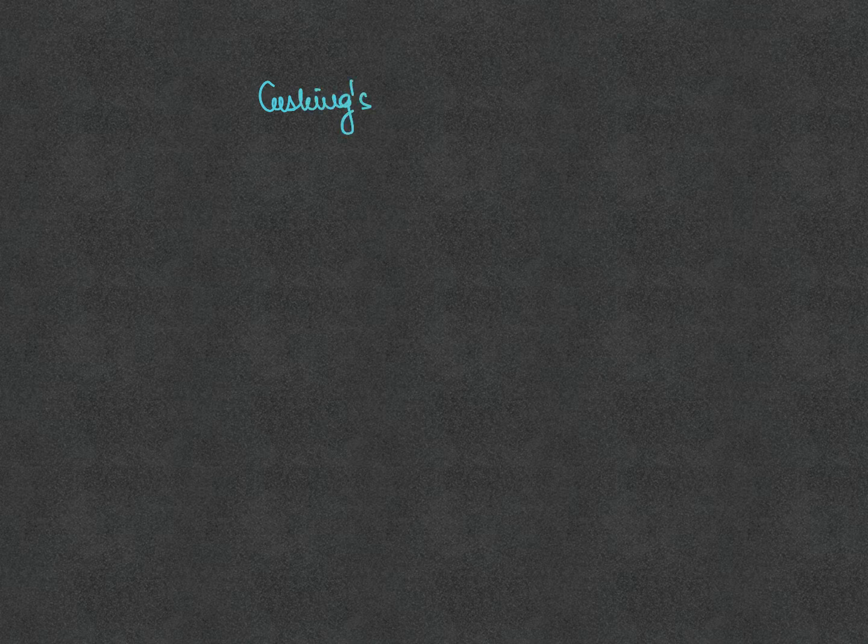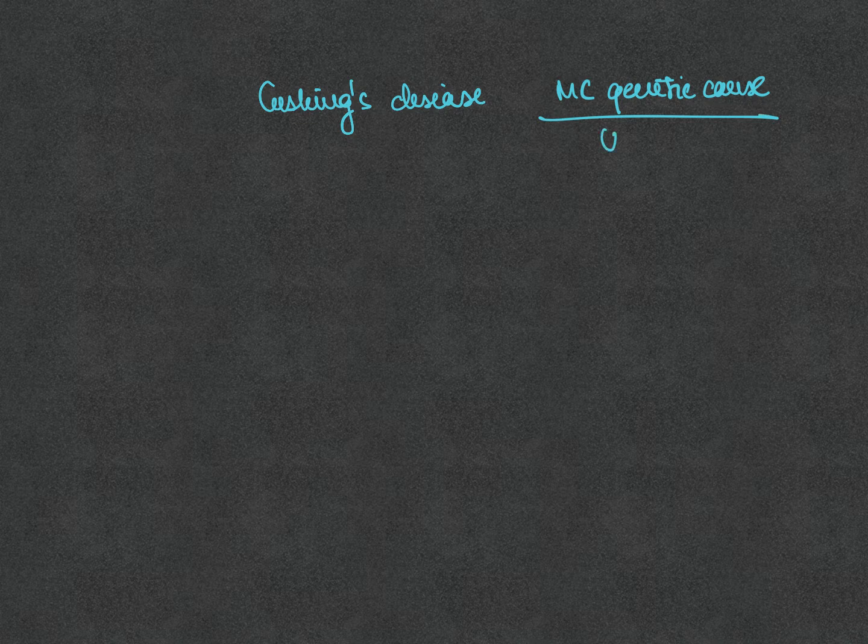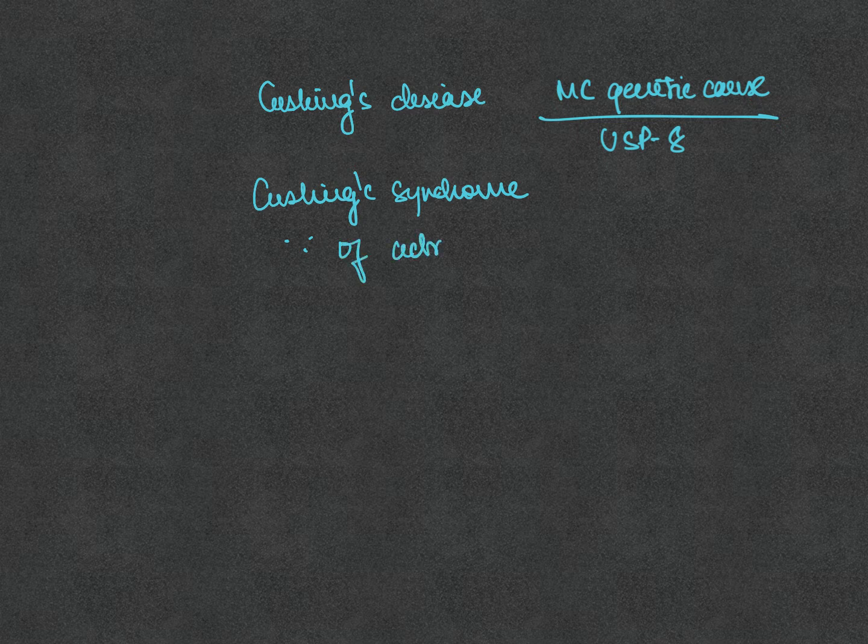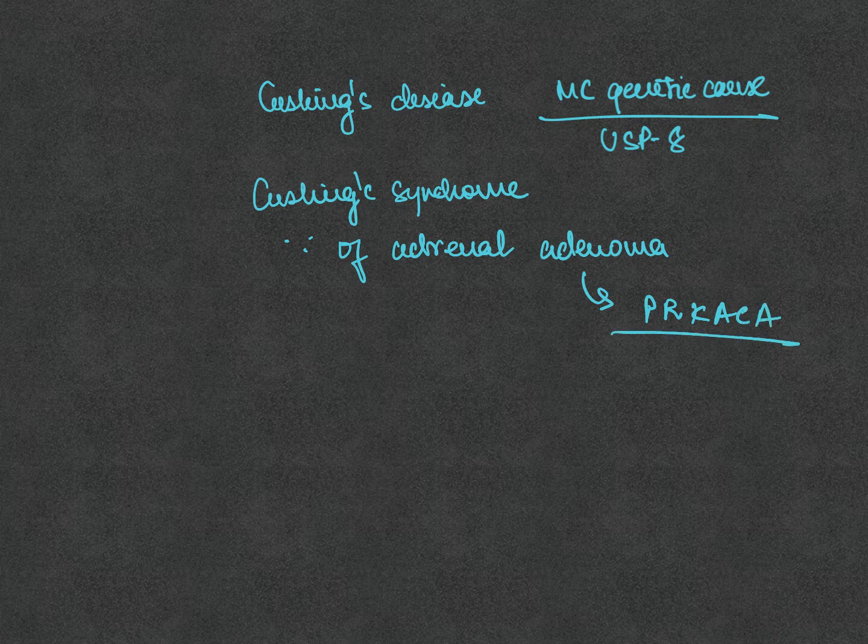So Cushing's disease, most common genetic cause is USP8, while Cushing's syndrome because of adrenal adenoma, the most common gene affected is PRKACA, while we'll come to a disease, AIMAH.